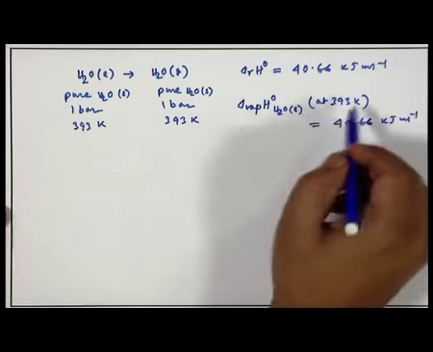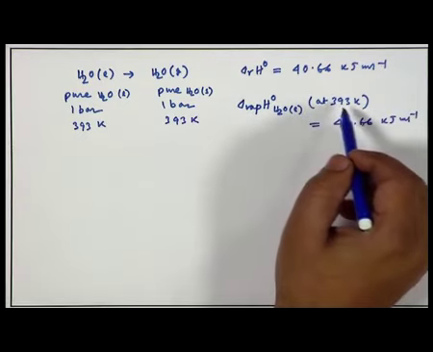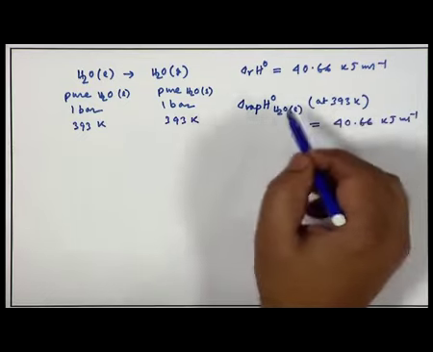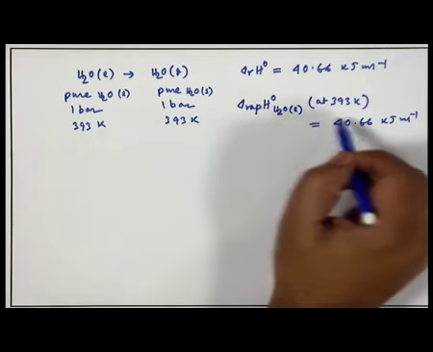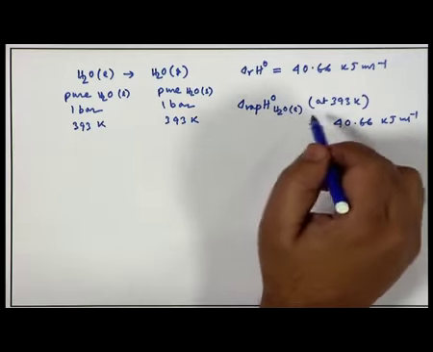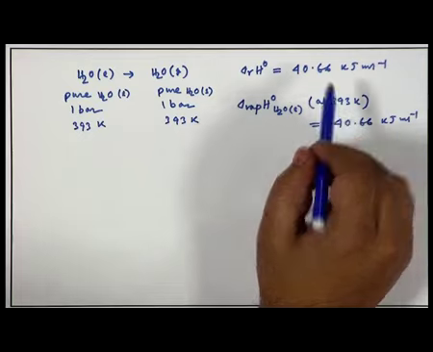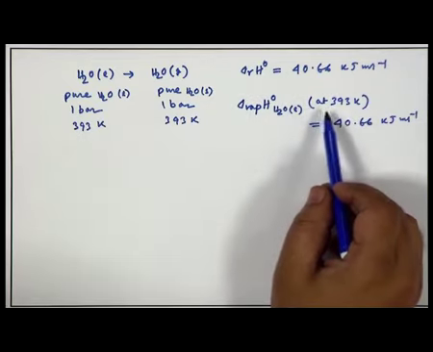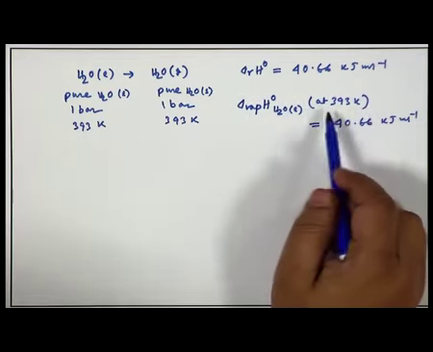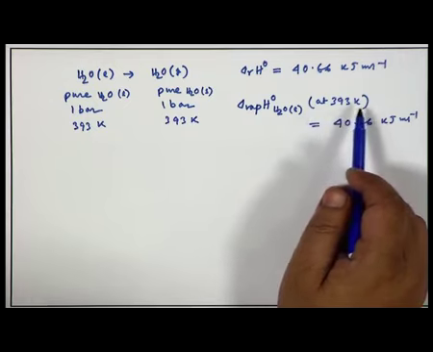See this example where we are not talking about 25 degree centigrade. Likewise, any heat of reaction or heat of formation we can also define at a temperature other than 25 degree centigrade.